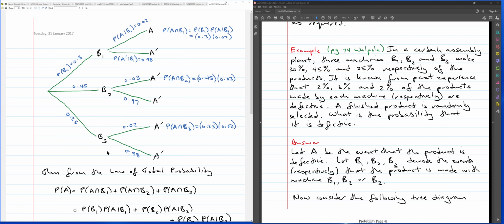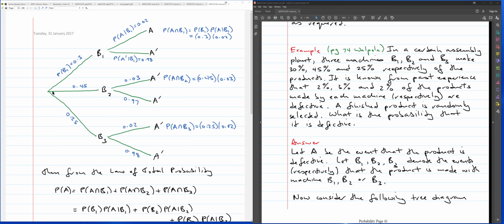Now in this tree diagram, what we could do is put the probabilities on the edges. If you choose your product, what's the probability of it being made by machine B1? That's given in the question, that's your 0.3 over here.